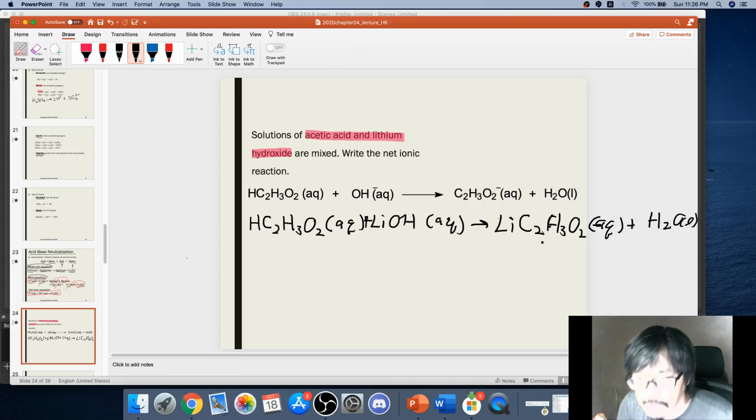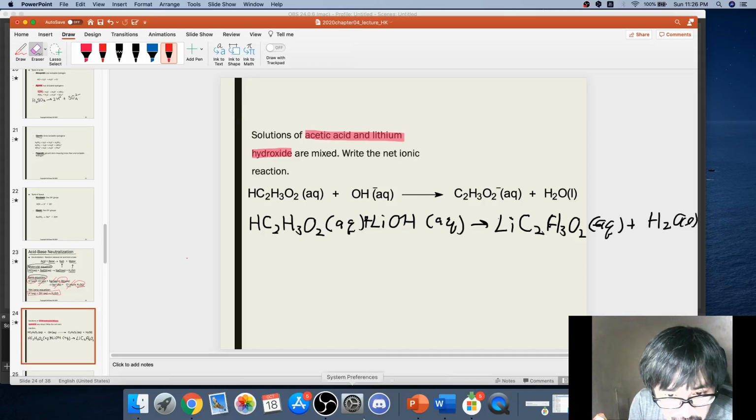So the way to do this one is, if you see the very first letter as H, this only happens for general chemistry, so don't count on this particular trick every single time.